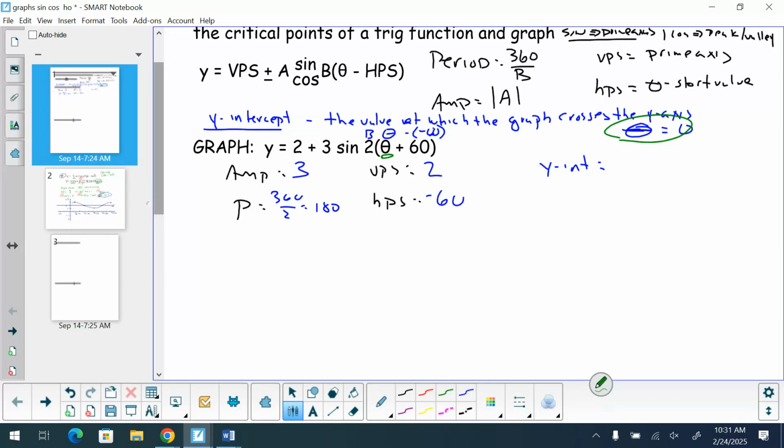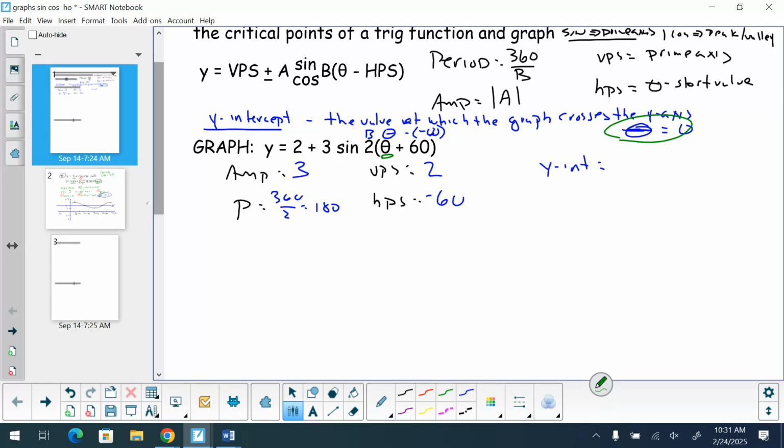What do you come up with? What theta am I putting in? How do you find your y-intercept?